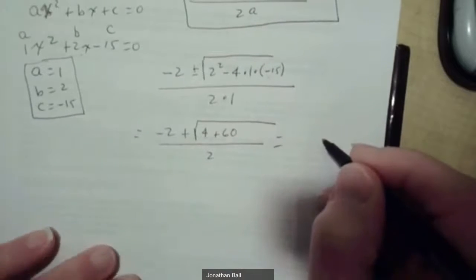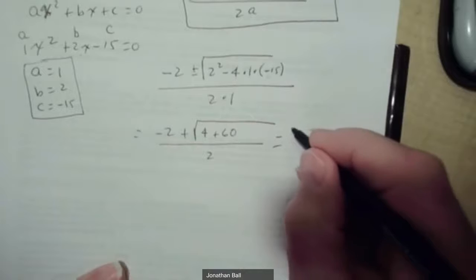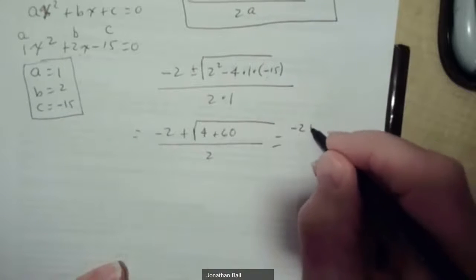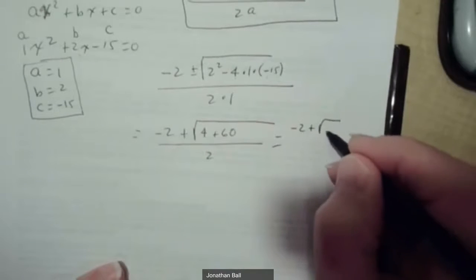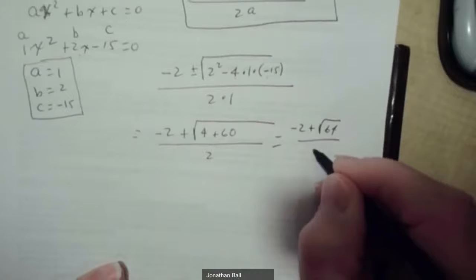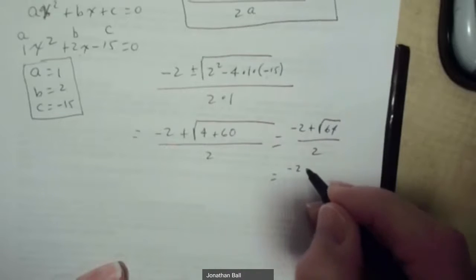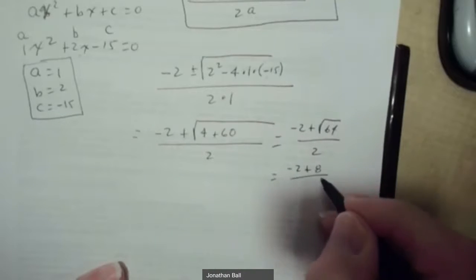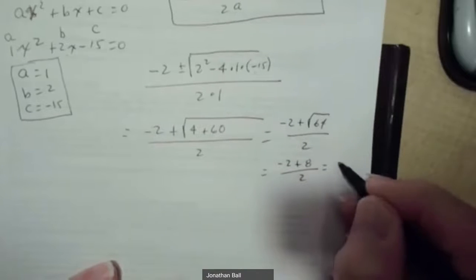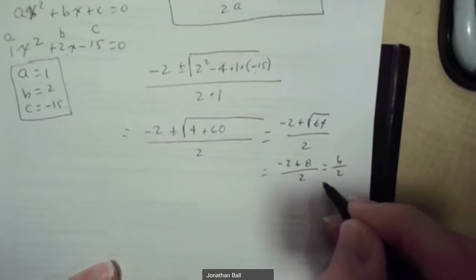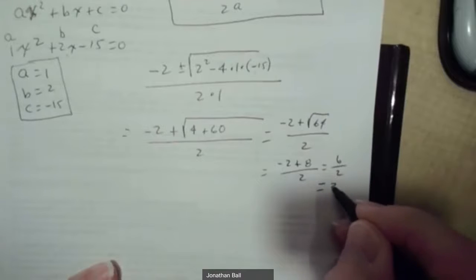And this will equal negative 2 plus the square root of 64 over 2. It's going to be equal to negative 2 plus 8 over 2, which is 6 over 2, which is 3.